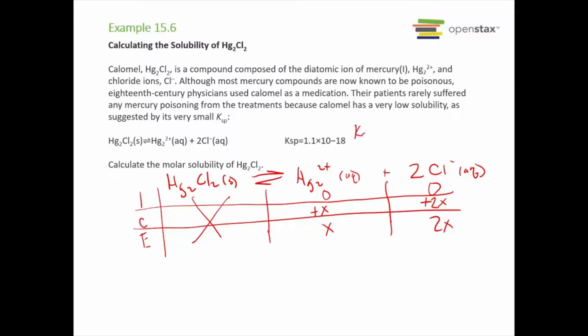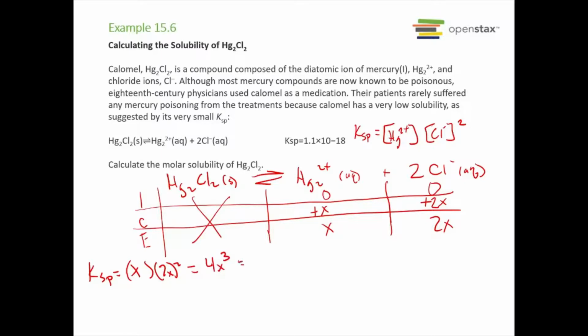We also can write our Ksp is equal to Hg2 2+ times Cl- squared. So we can go ahead now and put in our x and 2x into that. So Ksp equals x times 2x squared. I didn't forget it this time. So that's x times 4x squared, which is 4x cubed.